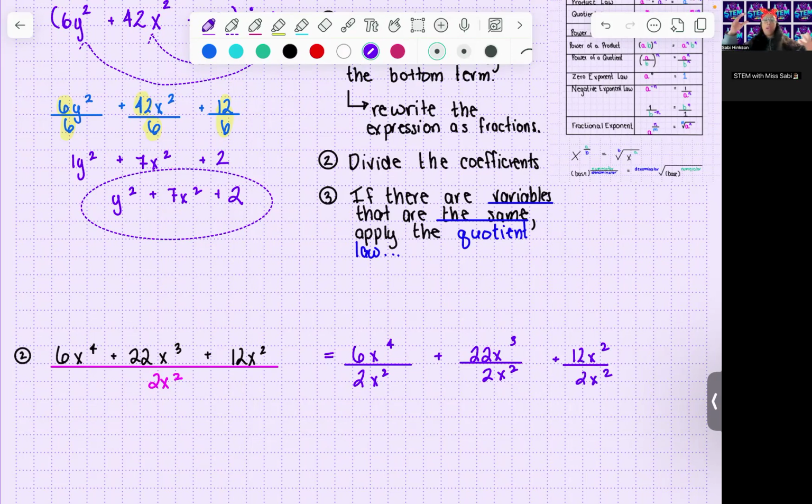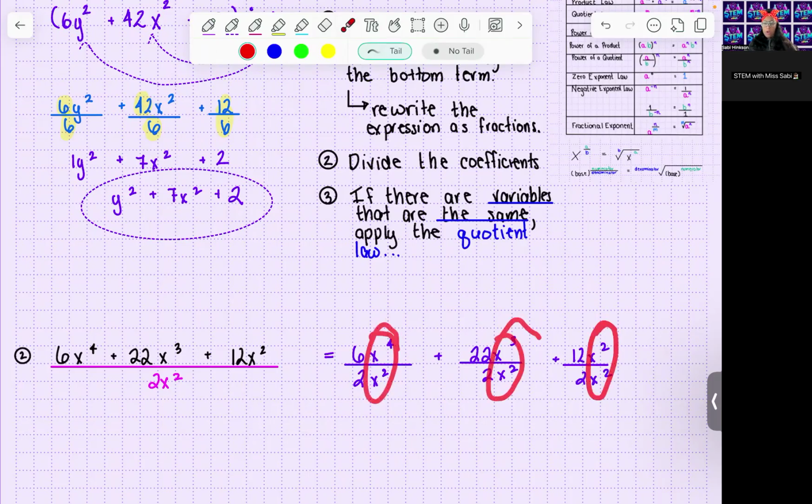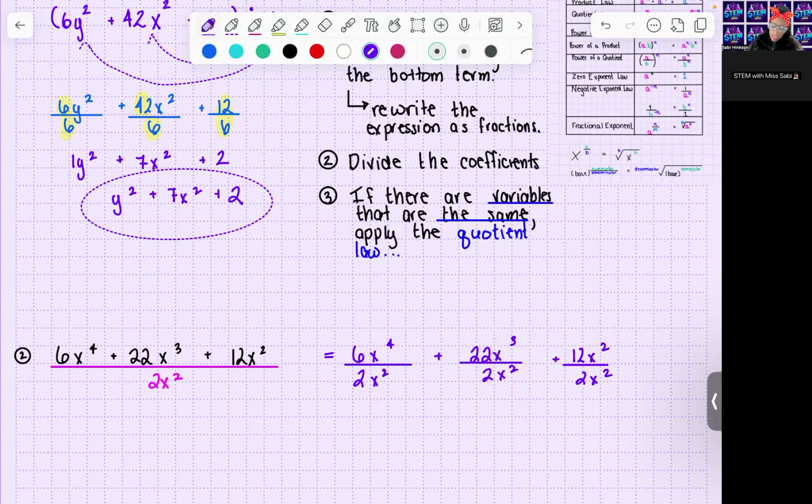Okay, so everything is lined up. Now you have to be aware, because we just did exponent laws, that these are like bases. So you are going to apply the quotient law, which says when you have the same base, you subtract their exponents.